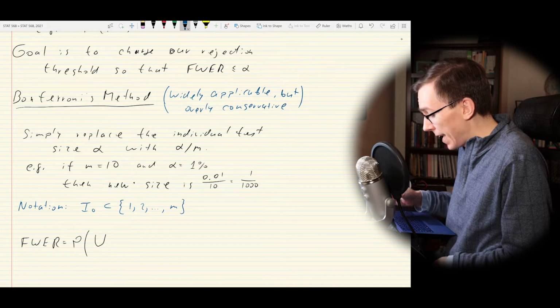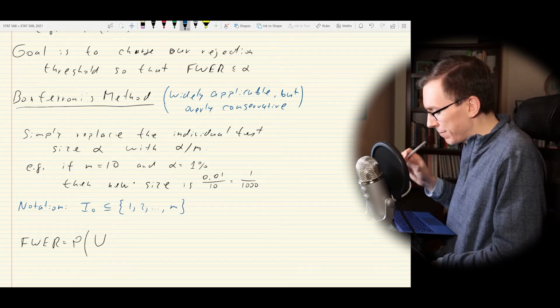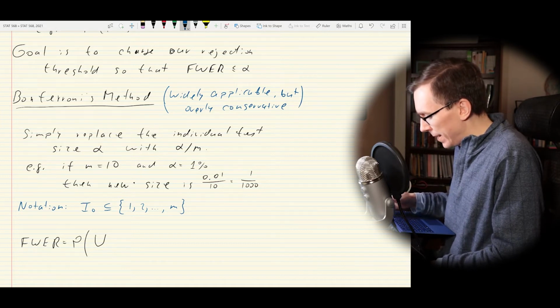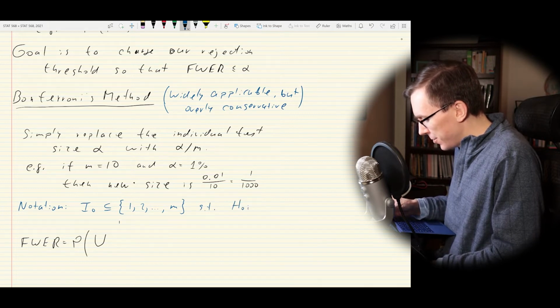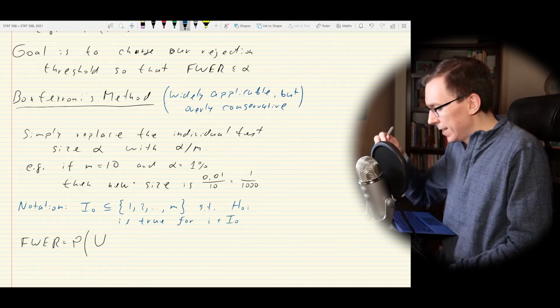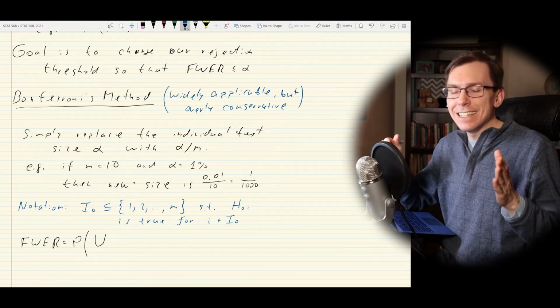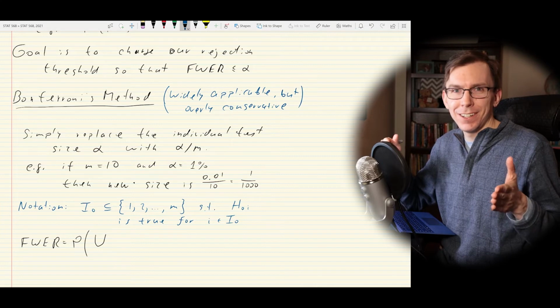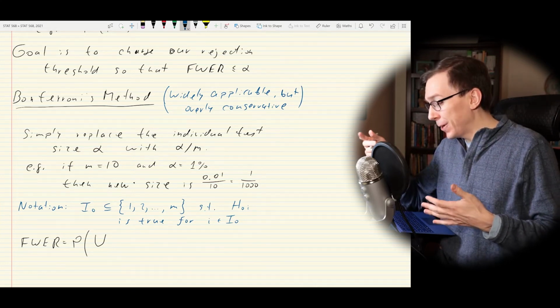I guess it could be the entire set, or it could be a proper subset of that finite collection of integers, such that H naught i is true for i in I naught. So basically I naught is the set of all the indices for the nulls that are true. That makes sense, right?